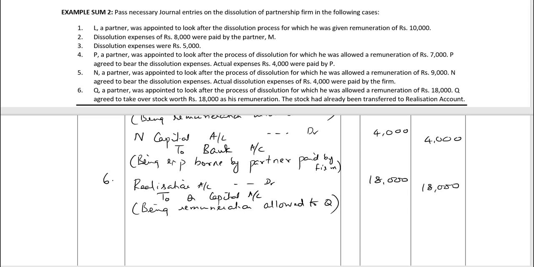Next part of the question, Q agreed to take over stock worth rupees 18,000 as his remuneration. The journal entry for asset taken over by partner is Q's capital account debit to realization account.